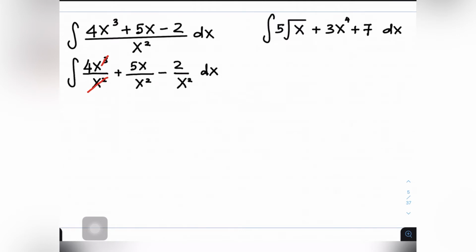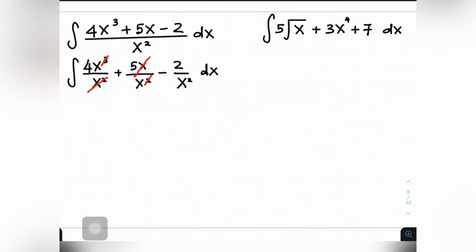So the x in the numerator will be eliminated, and the x in the denominator, from 2, becomes only 1 because you already eliminated 1x. And then for the third term, you cannot eliminate any x because in the numerator you don't have any x. So how do we solve this, because we still have the denominator?